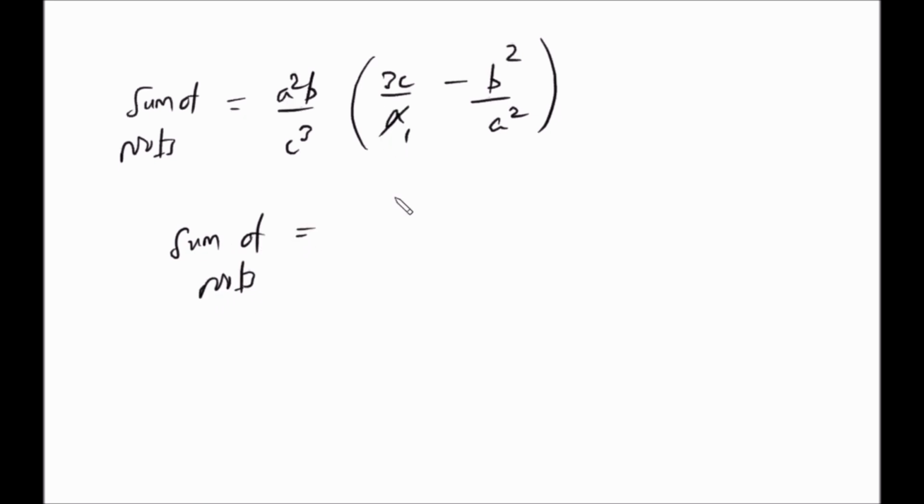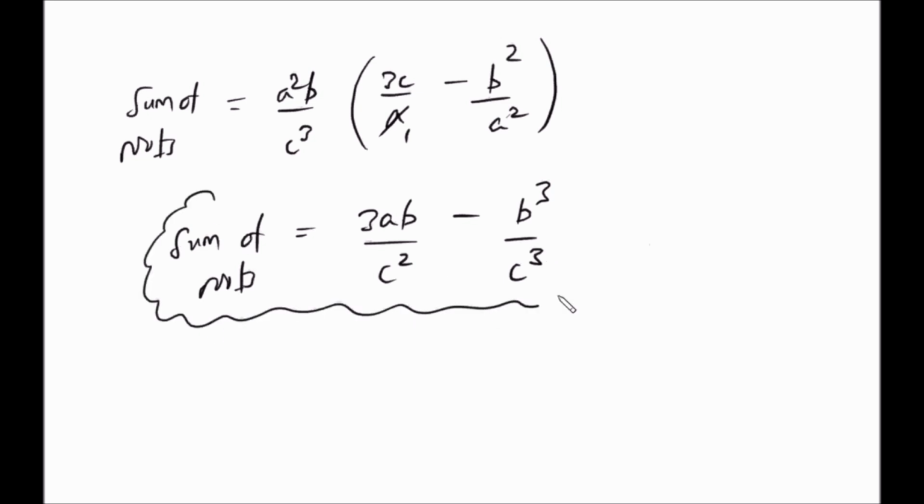So a yataondoka na a moja, yatabaki a moja, kwa hiyo itakuwa ni 3a moja huyo b, and then c yataondoka, huku chini tutakuwa na c squared. Yes, minus, so a squared na a squared wataondoka, tabaki na b cube over c cube. So hii ndo sum of roots, remember it, note it down.